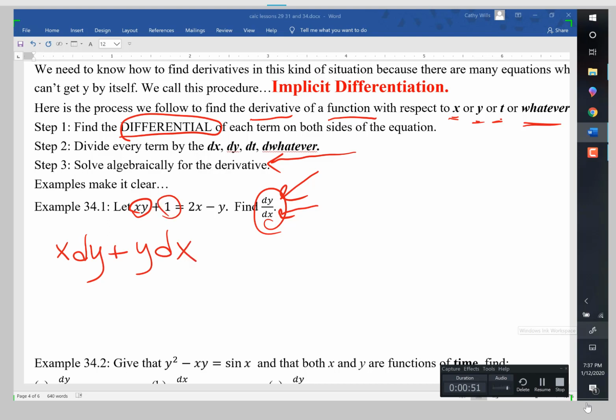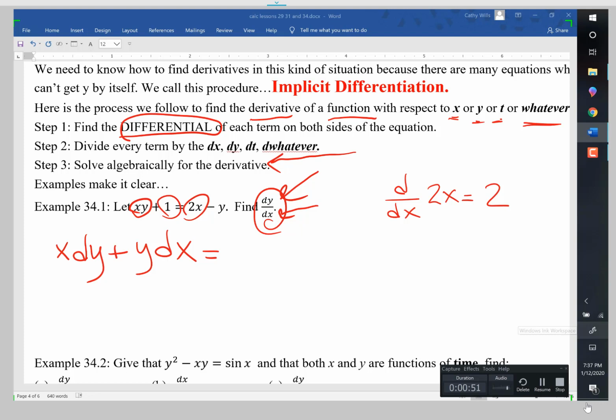All right, and then the next term we have is 1. The differential of that is just 0. And then over here the first term we have is 2x. So the differential of that is going to be 2 dx. Just to make sure you're not getting lost with all these letters, remember, d dx of the function 2x is equal to 2, right?